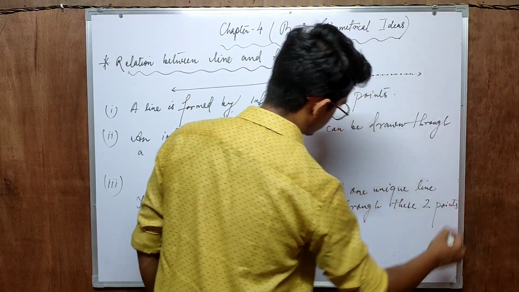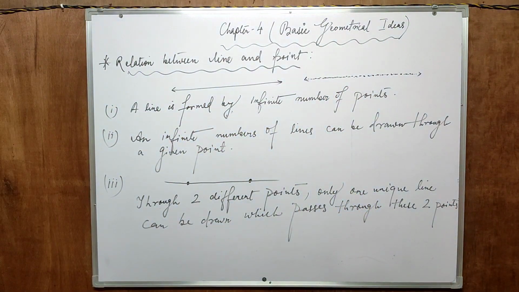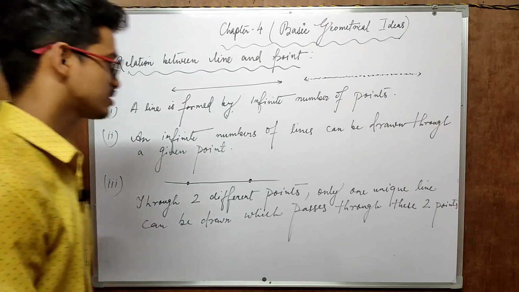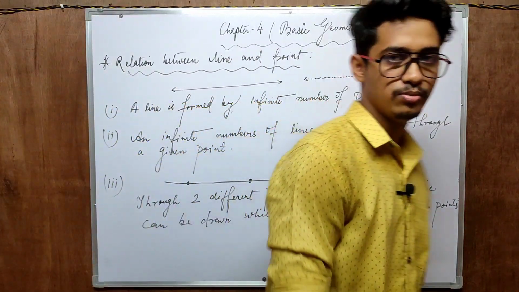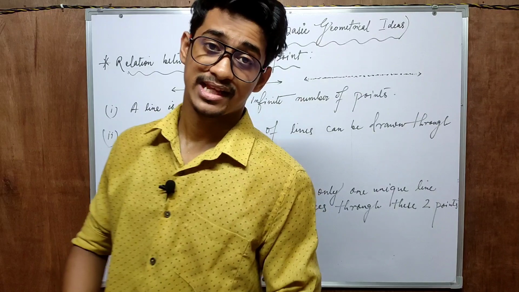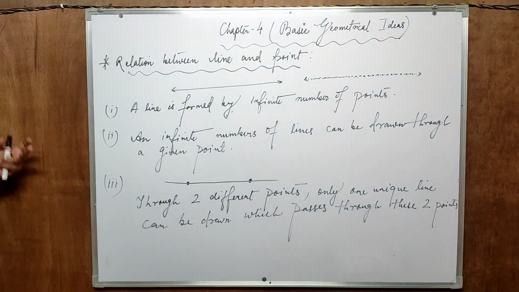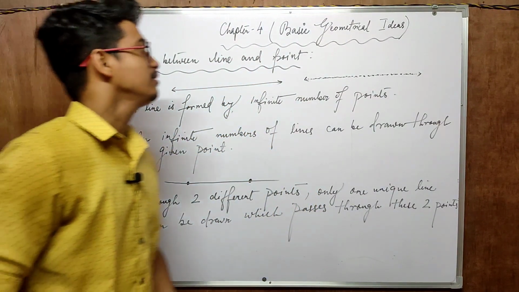As simple as that, right? Through 2 different points, only one unique line can be drawn which passes through these 2 points. So that is the relationship between a line and a point.